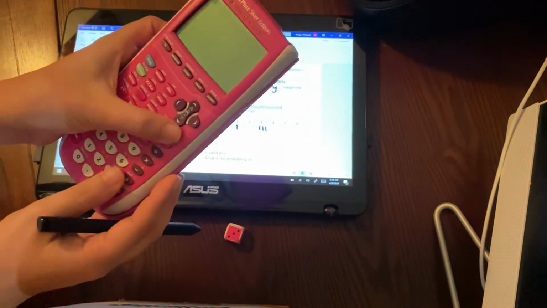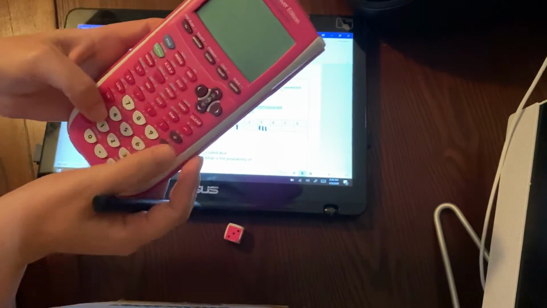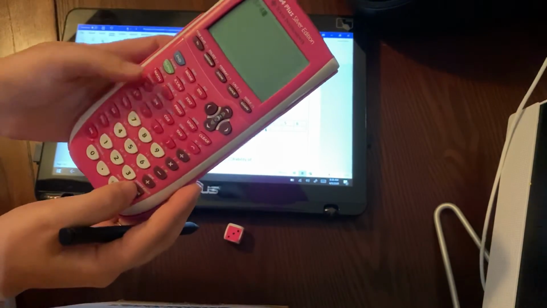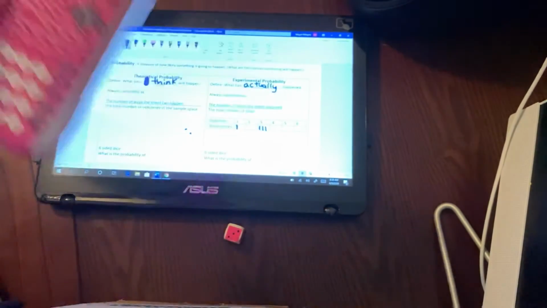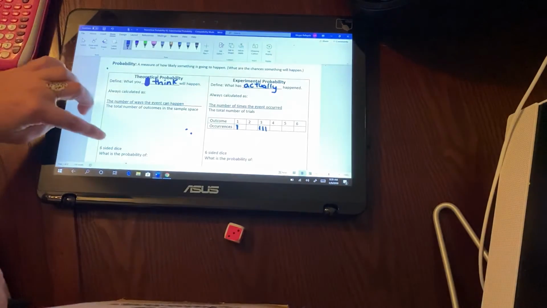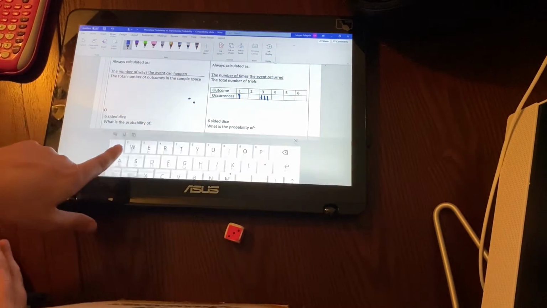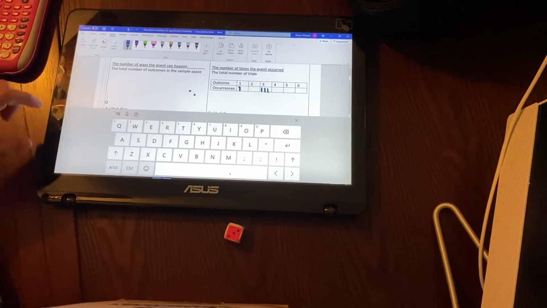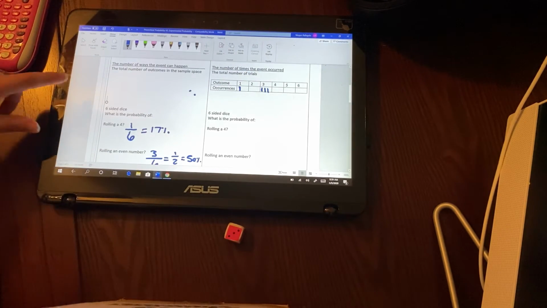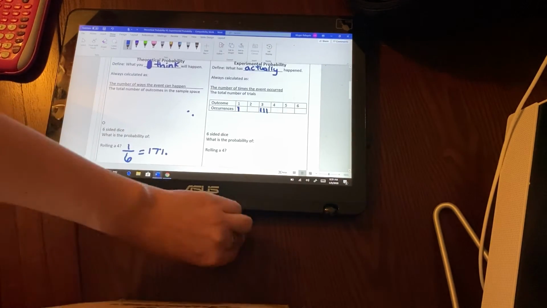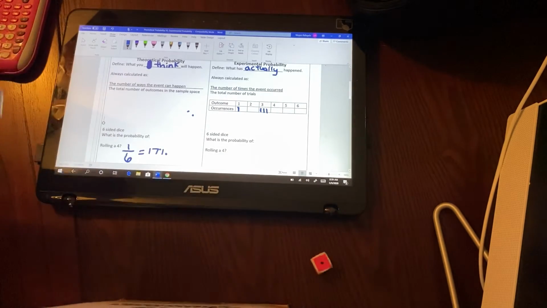So currently, to roll a 3 out of 4 is saying it's a 75% chance. But we know that on theoretical probability, the chance of rolling one specific number was 17%. It was a lot lower than that. So we're going to continue rolling.